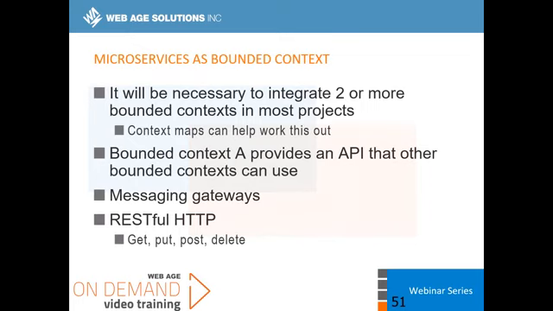And so if bounded context A provides an API that other bounded contexts can use, then that means that the microservices will have the need to employ that.